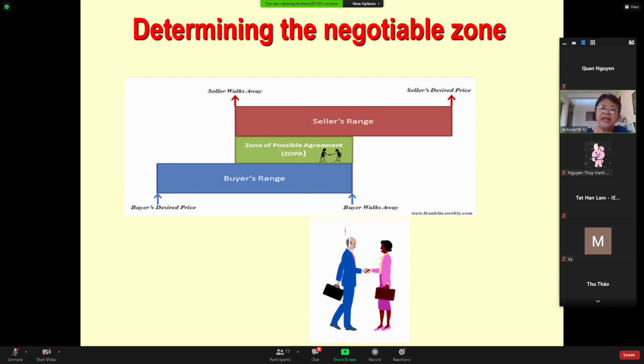This gives you the idea of determining the negotiation zone. Like we said, if we are the buyer, we want to buy the thing at the lowest price.